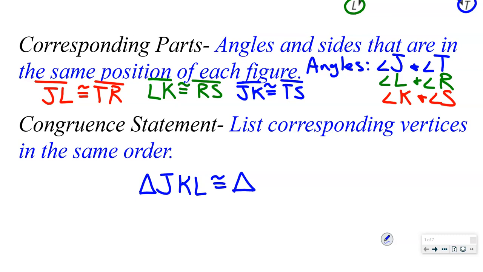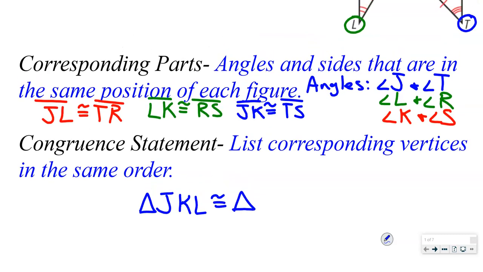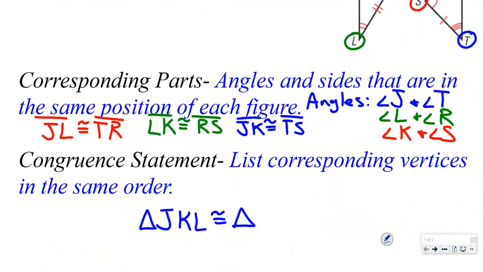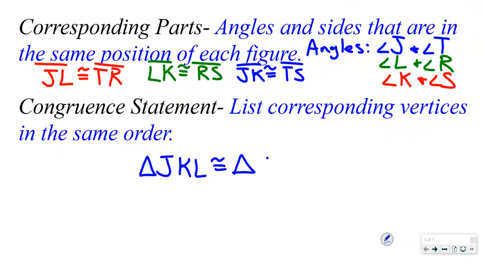They have to be in the right order. So it's going to be congruent with, so we said JKL, so we would say TSR. We have to go around the triangle in the same direction, TSR. So when you're creating your own congruence statement, it doesn't matter which vertex you start with, but its corresponding vertex has to be the first vertex in your other triangle.